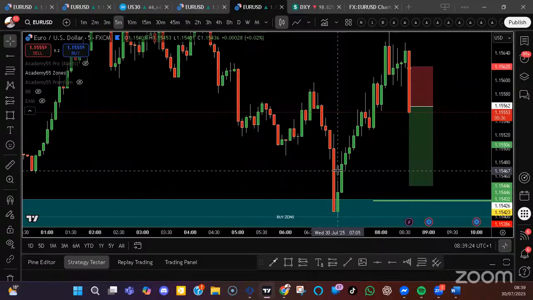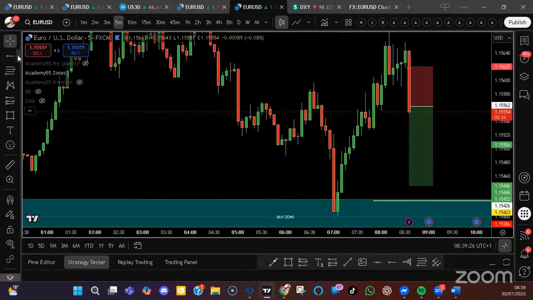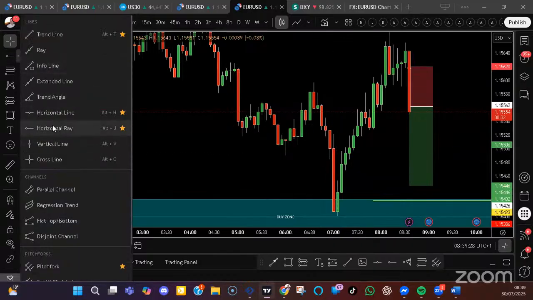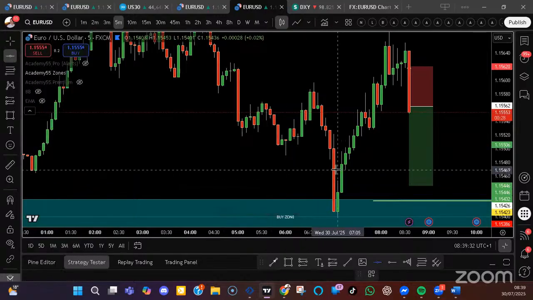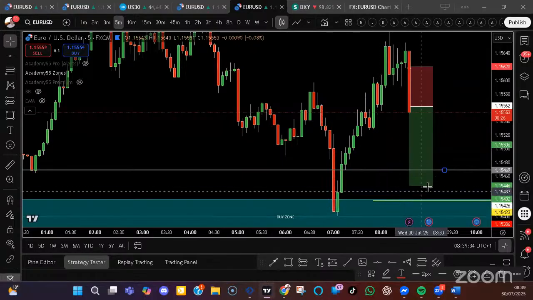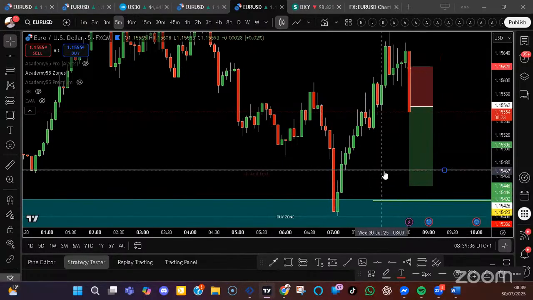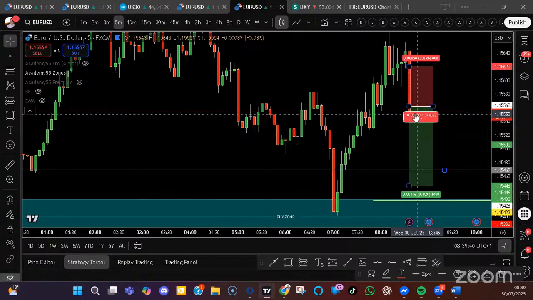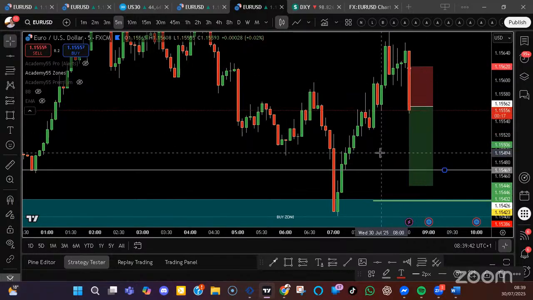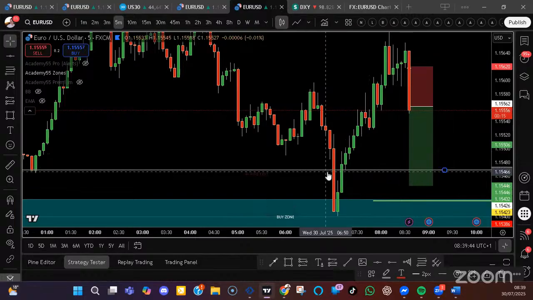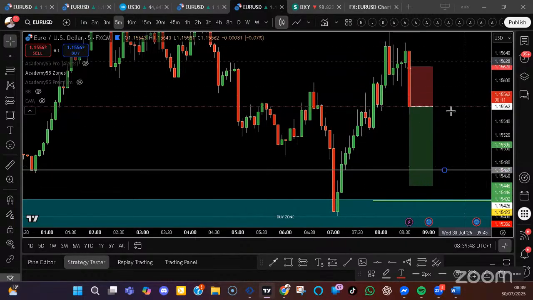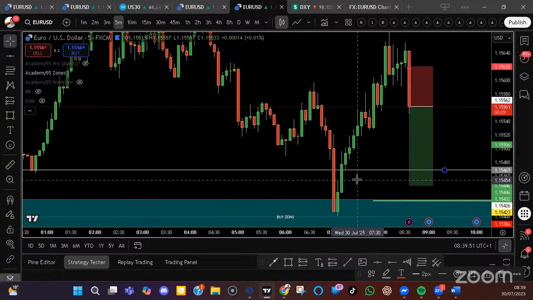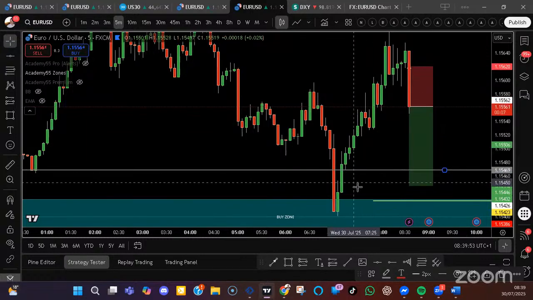But this area here, in the short term, is of interest. So if we do get down to this area here, I'd be interested in putting my stop loss to my entry for a risk-free trade if that happens, because I've seen price tap into these areas and then go back up again, or it might actually.